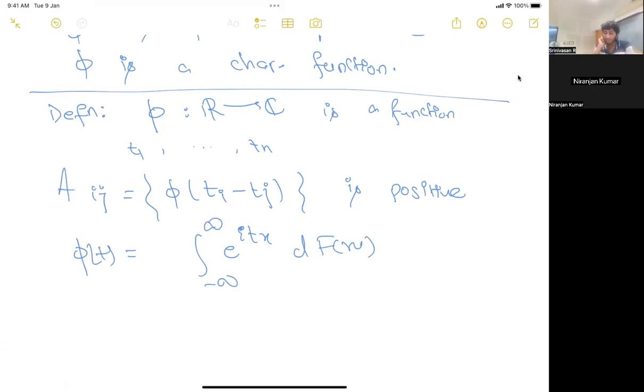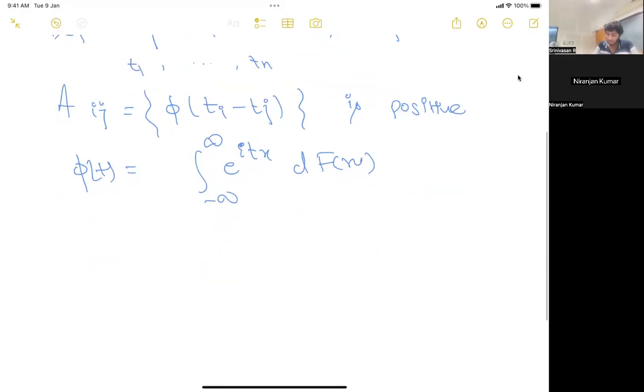Phi of 0 is the integral of dF of x, which is 1, so it is normalized, and we'll show that this is also positive definite. Bochner's theorem is actually the converse: these three conditions are also sufficient to give you a characteristic function.